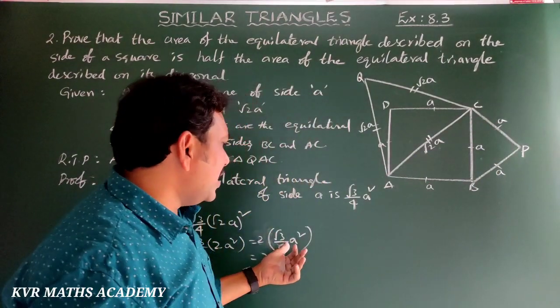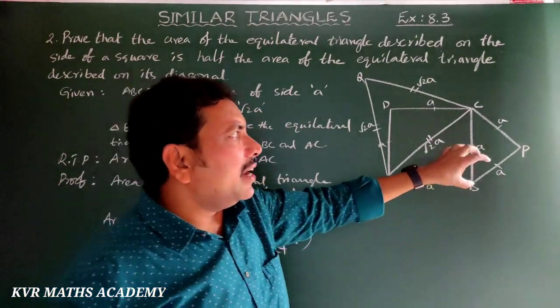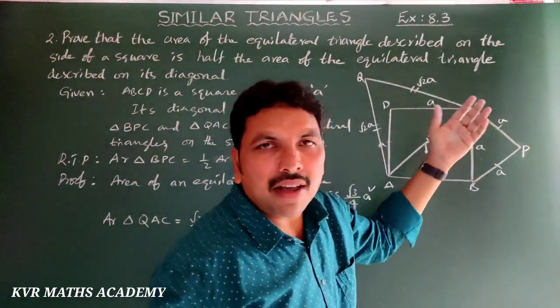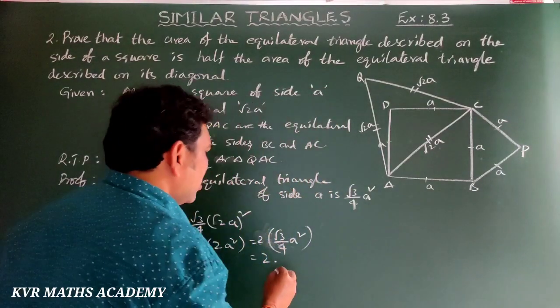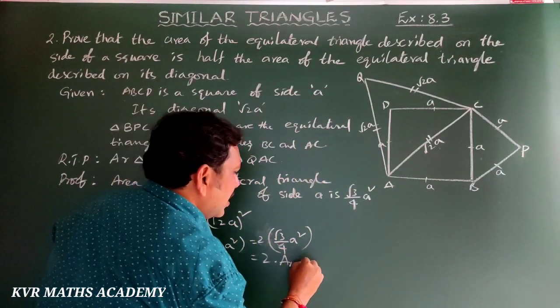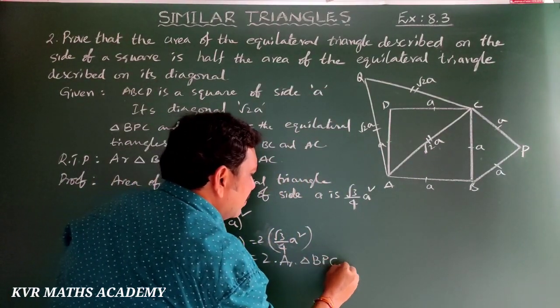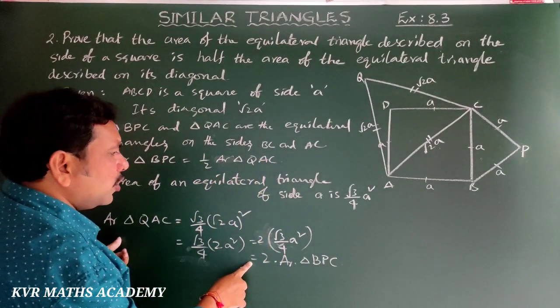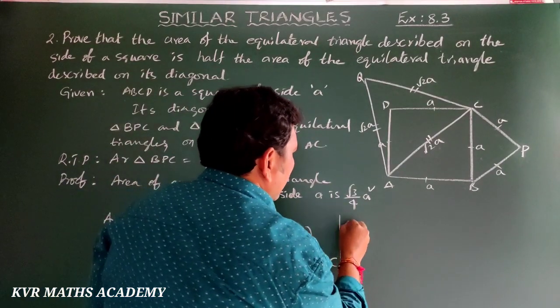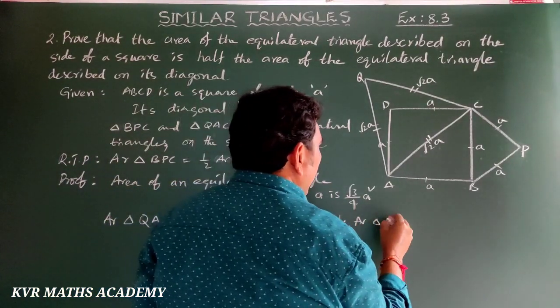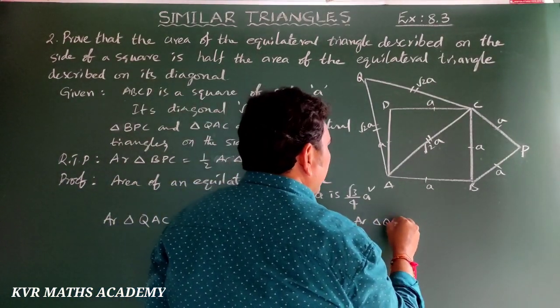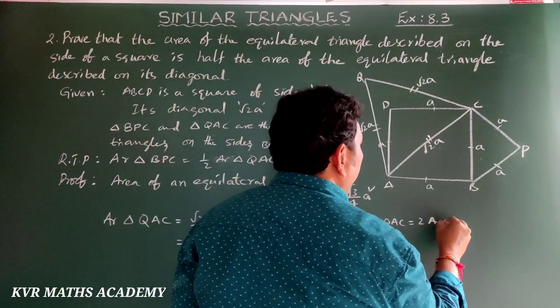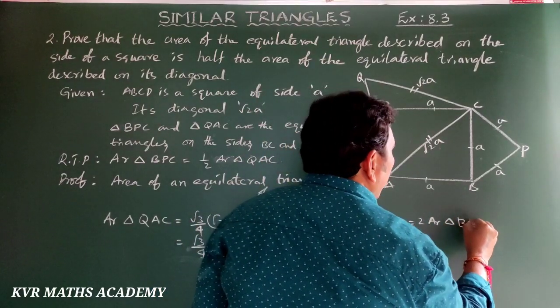Yes, so in place of root 3 by 4 a square, shall we write area of triangle BPC or not? Yes, exactly. 2 into area of triangle BPC, right? So this is actually area of triangle QAC. Therefore, area of triangle QAC is equal to 2 into area of triangle BPC.